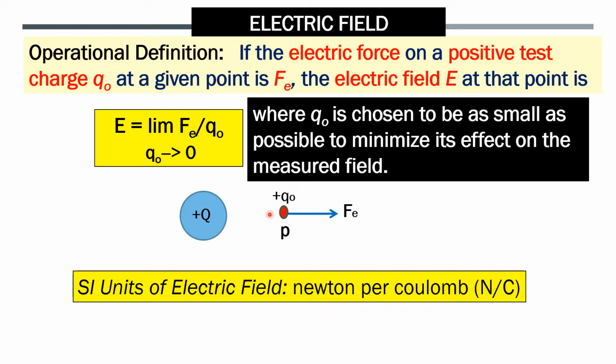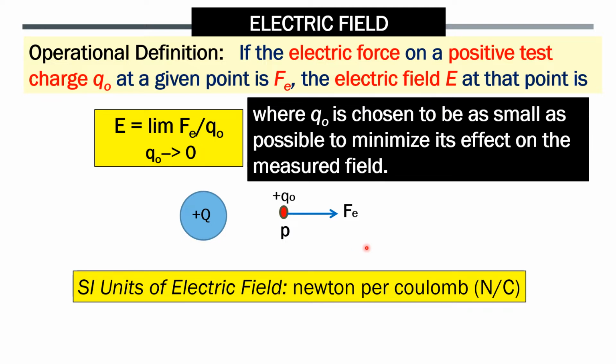The reason for assuming that the small test charge is extremely small is so that its own electric field will not in any way affect the electric field of the center charge. The small Q naught may have its own electric field, but it may be considered very small or negligible.